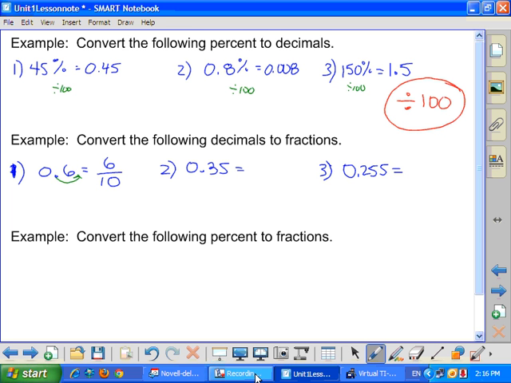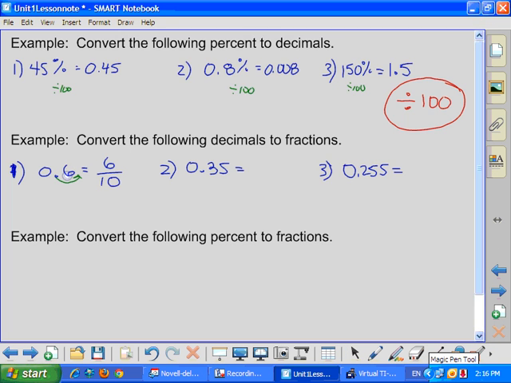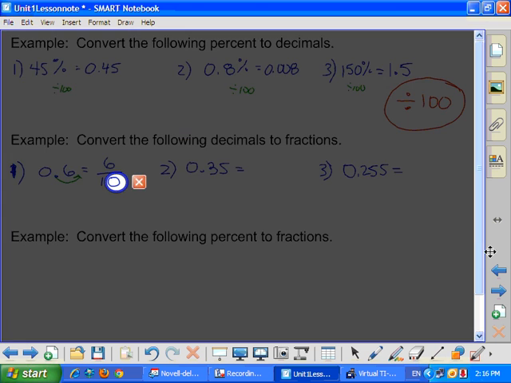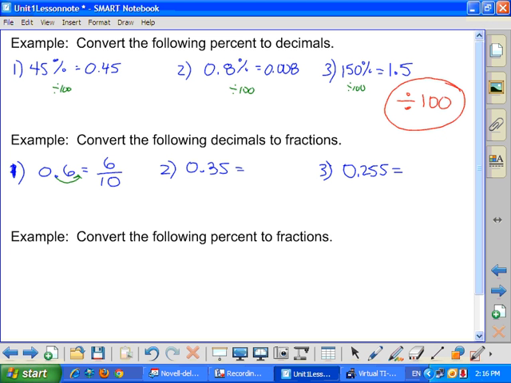So it'd be 6 tenths. Okay, so it's the number of times you move the decimal over that dictates how many zeros. So I move the decimal place one spot, so I have 1 0. Okay, and yes, I know that fraction reduces, but that's not my focus here.